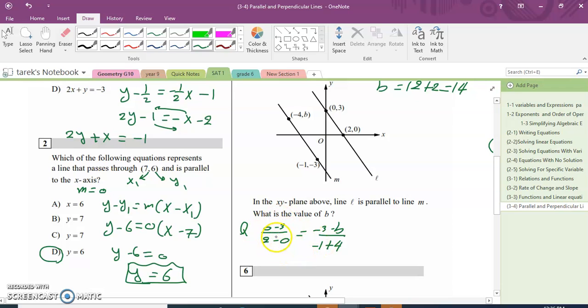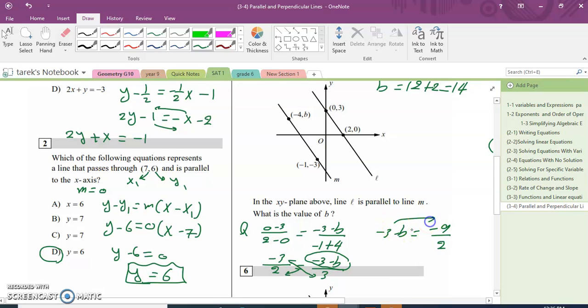Can you solve this equation? Simplify it first. This will be negative 3 over 2 equals negative 3 minus b over 3, because negative 1 plus 4 equals 3. If I want to get negative 3 minus b, cross multiply this times this divided by this. So negative 3 minus b is equal to negative 9 over 2.